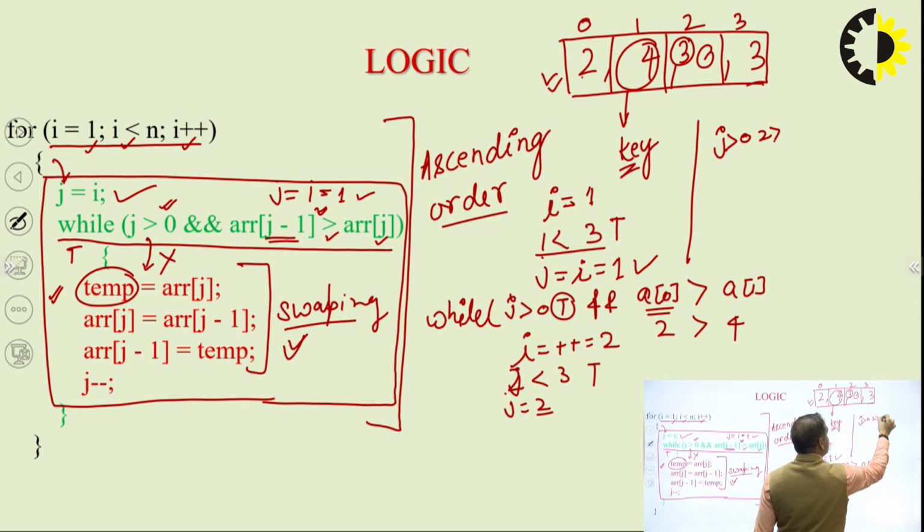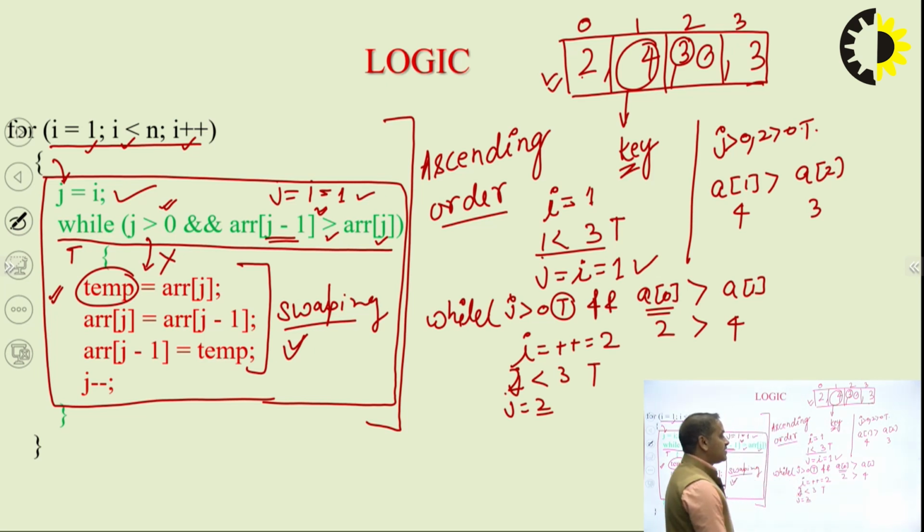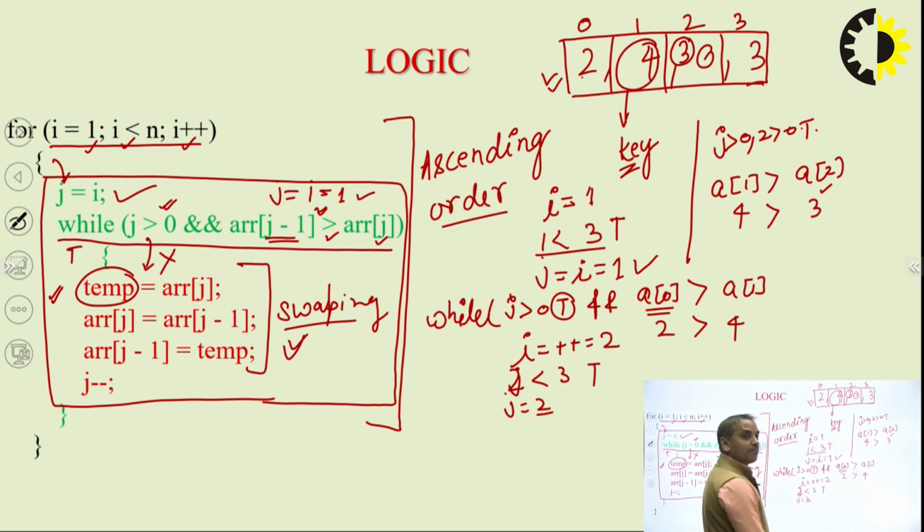Yes, 2 is greater than 0, condition true. Then a[1] is greater than a[2]. The value of a[1] is 4 and the value of a[2] is 3.